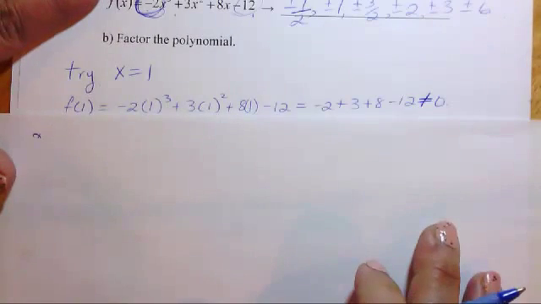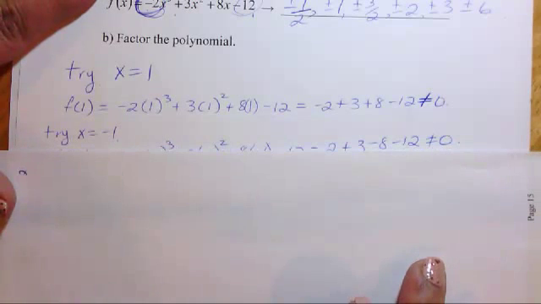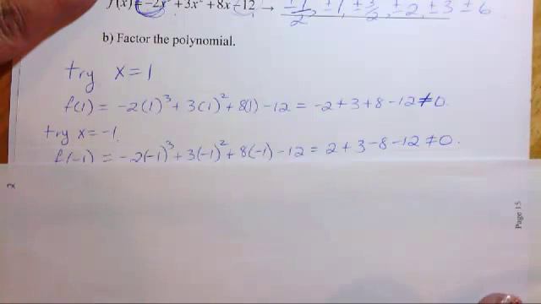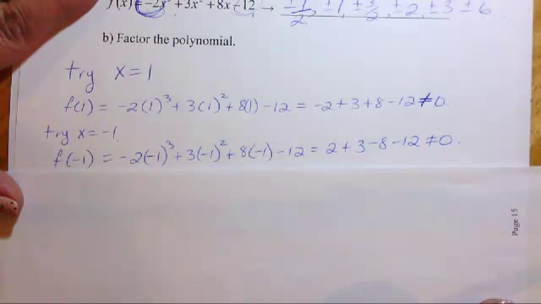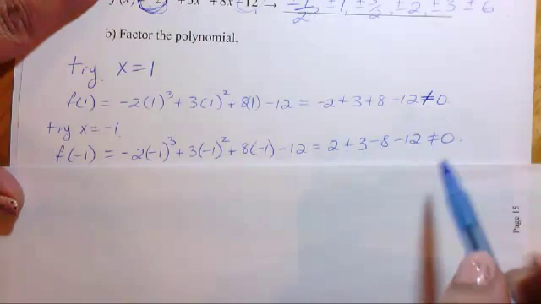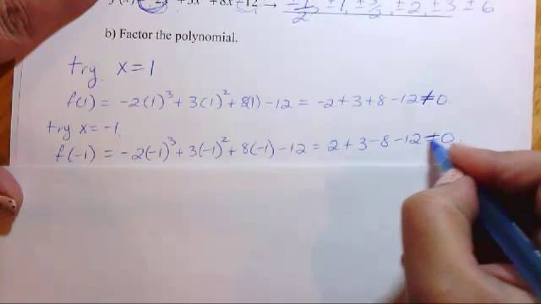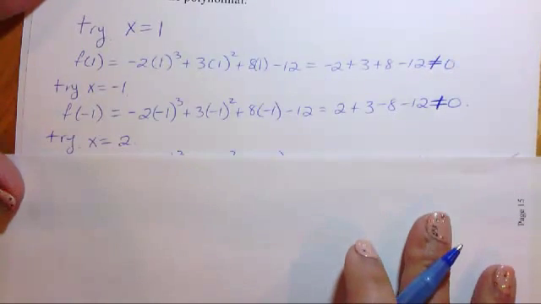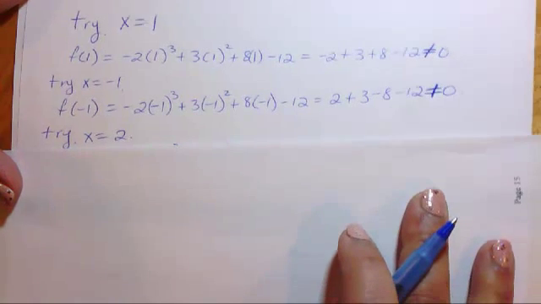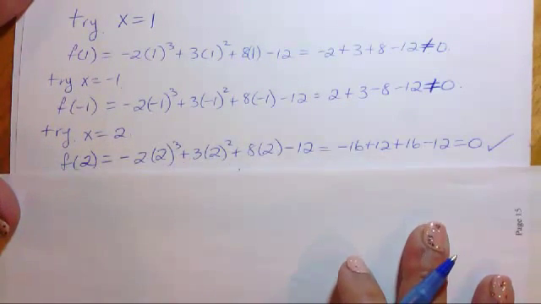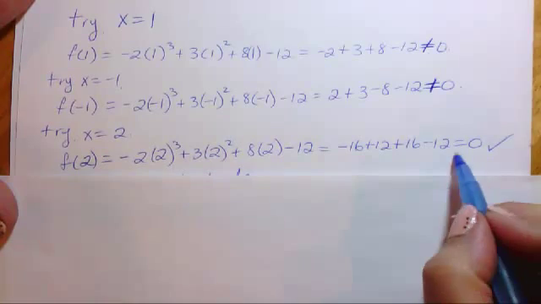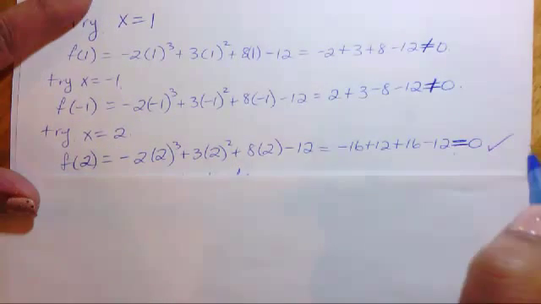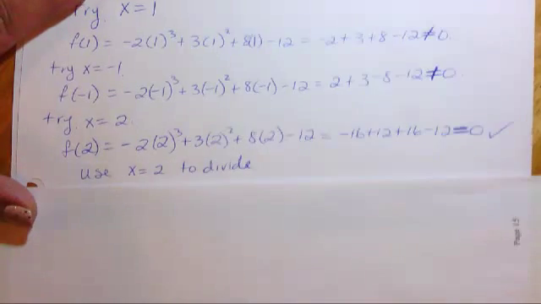I don't need to actually figure out the value. So I'm going to try x equals negative 1. When I try x equals negative 1, I'm also going to find that it is not equal to 0. So I'm going to move on to 2. Let's try x equals 2. Once you've tried x equals 2, we see that it does equal 0. Therefore, we have determined that x minus 2 is a factor, okay?